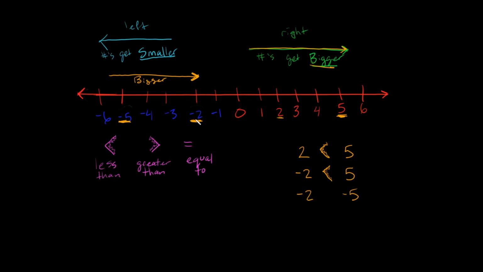Negative 5 is here on the left, negative 2 is on the right. So negative 2 is bigger, and we want to eat the bigger number, right? So we say negative 2 is greater than, right? Because it's trying to eat the number that way. Negative 2 is greater than negative 5.